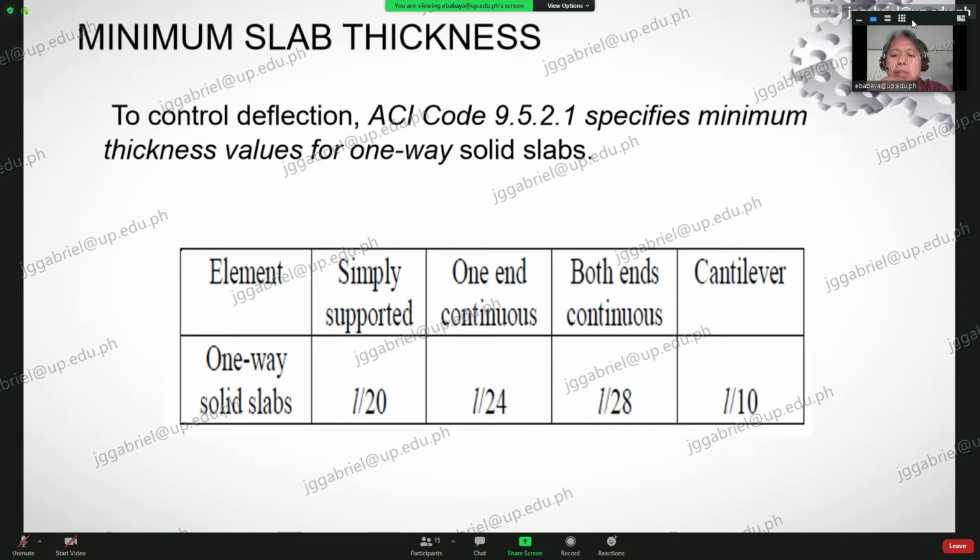If both ends are continuous. And then the greatest thickness would be when it is cantilever. Okay, you know very well if it is cantilever, pinakamalaki yung maximum moment. Okay? What is the maximum moment of a cantilevered beam?